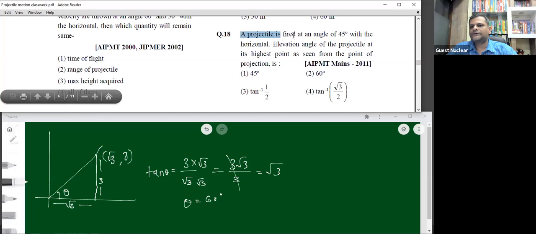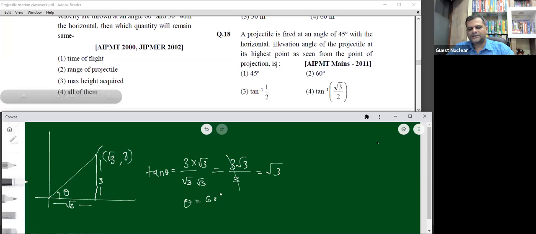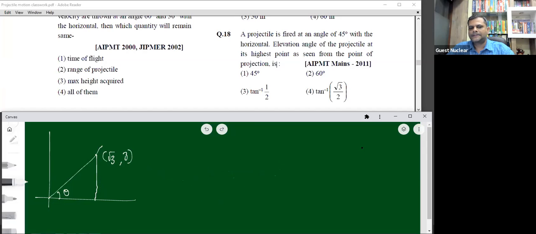चलो, a projectile is fired at an angle 45 degree with horizontal. The elevation angle of projectile at its highest point as seen from the point of projection is. Okay, समझा ठीक से? यहाँ पे elevation angle का मतलब क्या होता है?